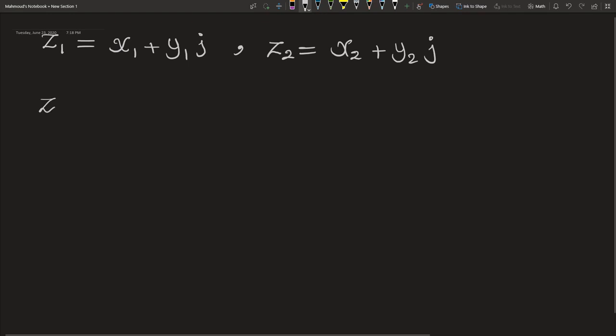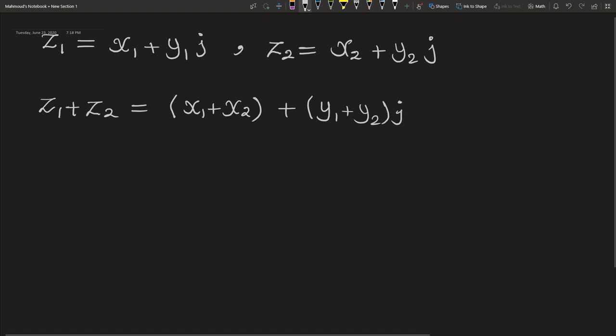Their sum, z1 plus z2, is basically the sum of the real parts, x1 plus x2, and the imaginary part is y1 plus y2 times j. The sum of two complex numbers is going to be a complex number again, right?